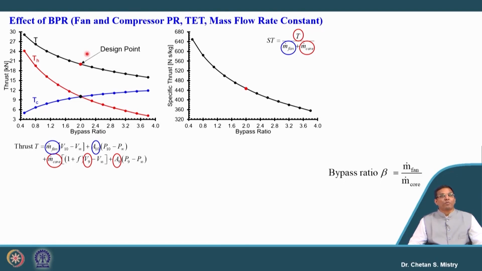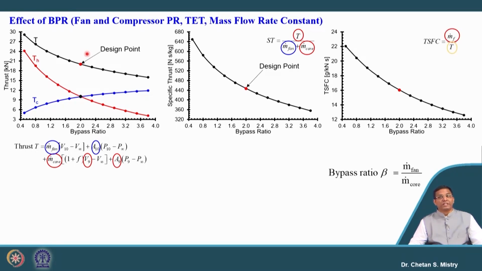Now, let us look at what is happening with the thrust specific fuel consumption. Any guess? Let us see. Here it says my thrust specific fuel consumption is going to decrease with the increase of bypass ratio. Now, this gives us an idea about the selection of bypass ratio, where we are discussing the thrust specific fuel consumption.